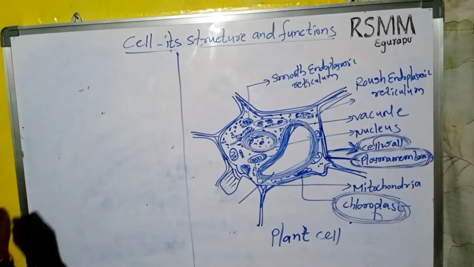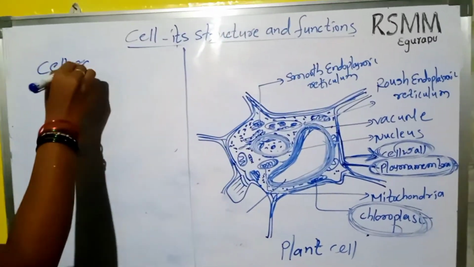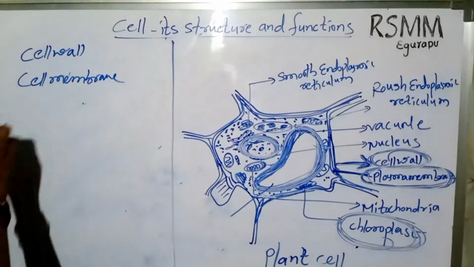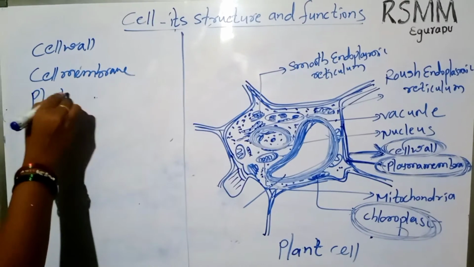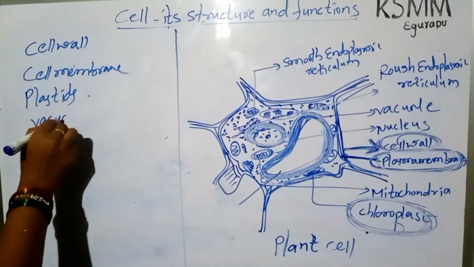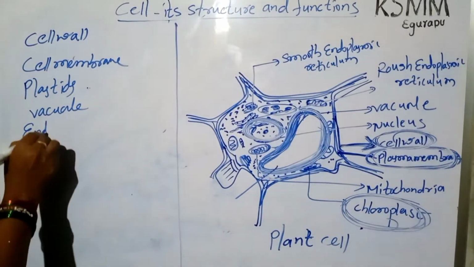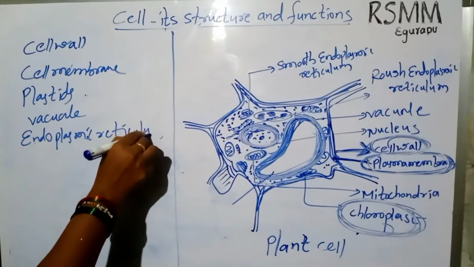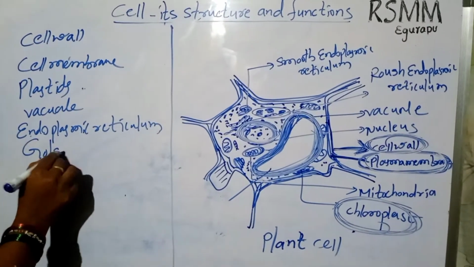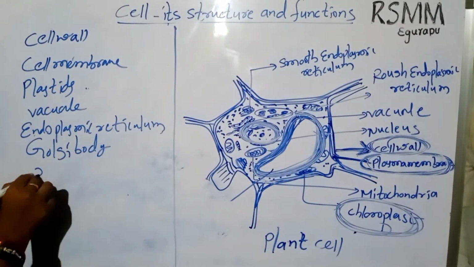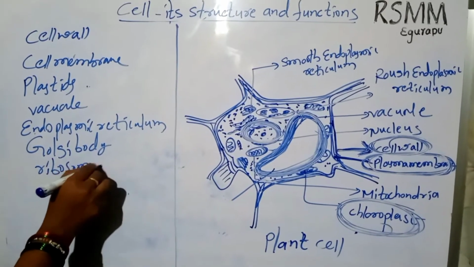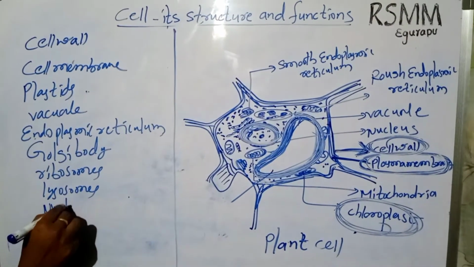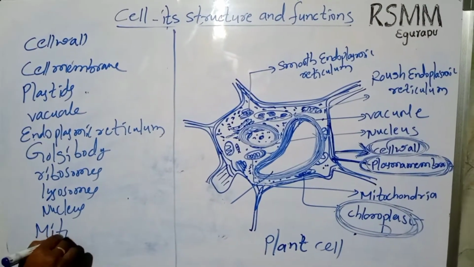We discussed cell wall, cell membrane, plastids, vacuole, endoplasmic reticulum, Golgi body, ribosomes, lysosomes, nucleus and mitochondria.